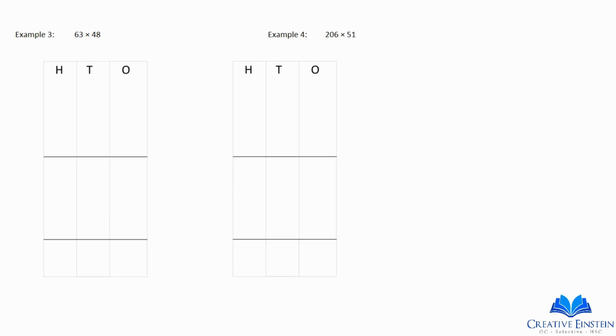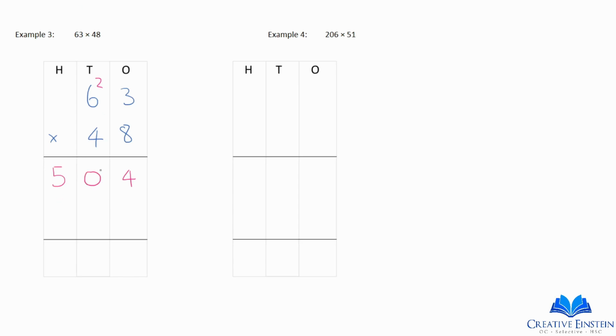Some harder examples now. We've got 63 times 48. So remember we're doing 8 times 3 first, which is 24. Then we're doing 6 times 8. 6 times 8 is 48, plus that extra 2 on top. That gives me 50.